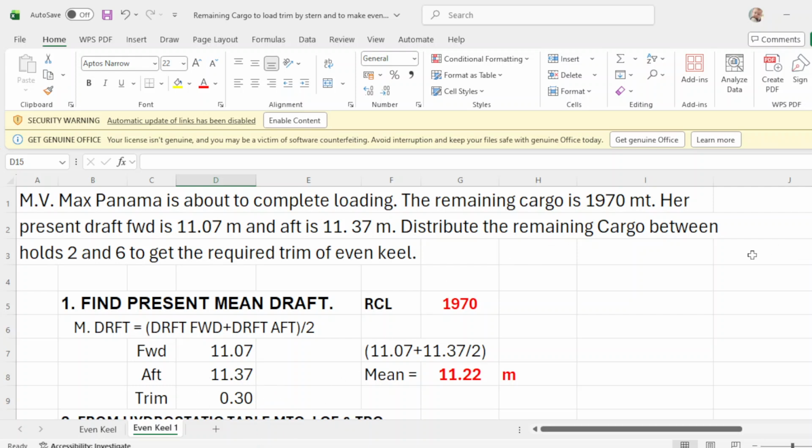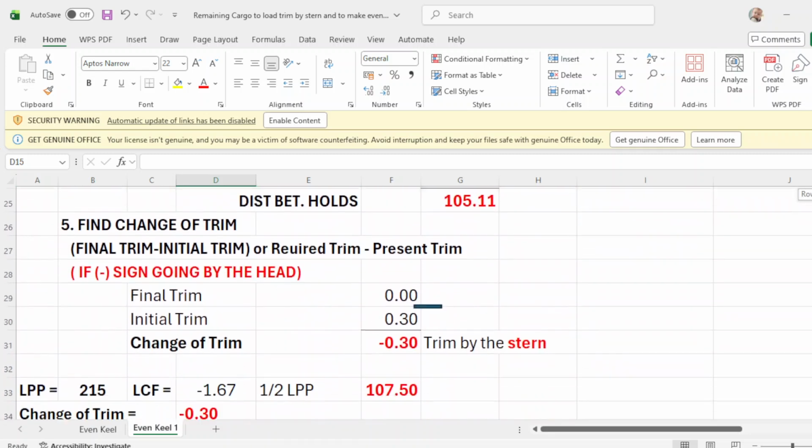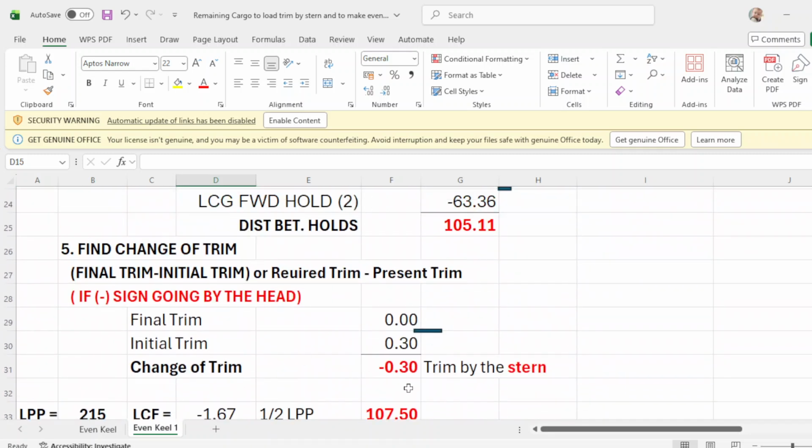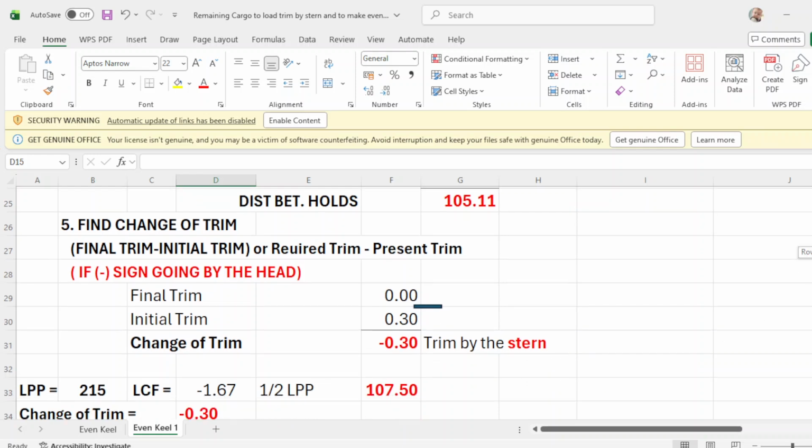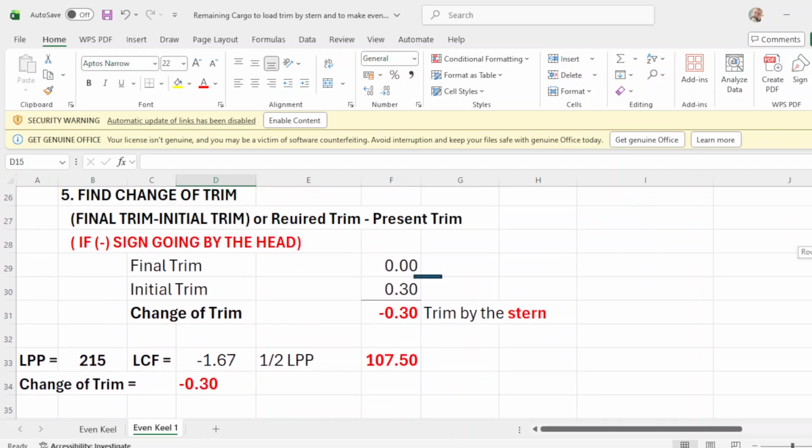Okay? And your departure trim should be even keel. Okay? So that's why you have here change of trim will be negative 0.30 by the stern. And take note, your LPP is 215.